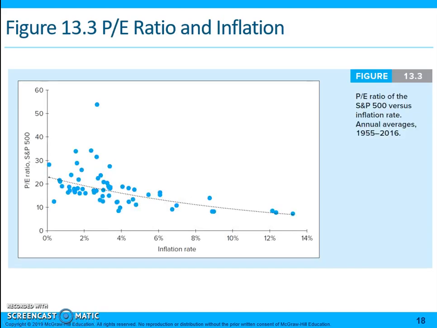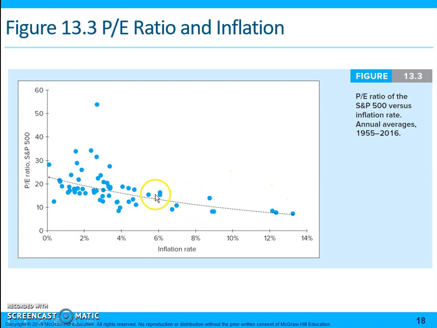So we can also see from figure 13.3 that PE ratios are sensitive to the inflation rate, meaning that when we have higher inflation, the PE ratios are going to fall. And for the most part, I think that this is due to investor uncertainty that comes along with high inflation.